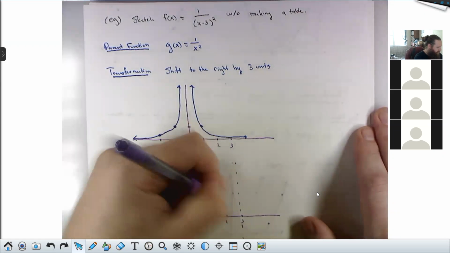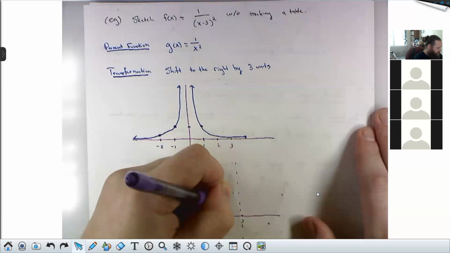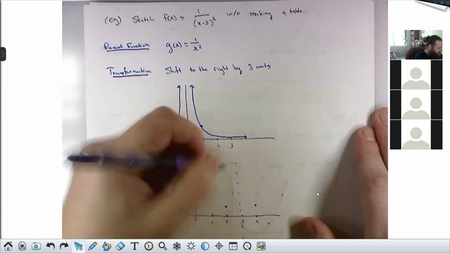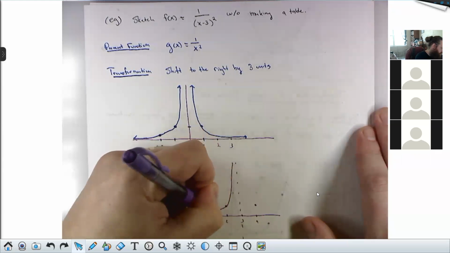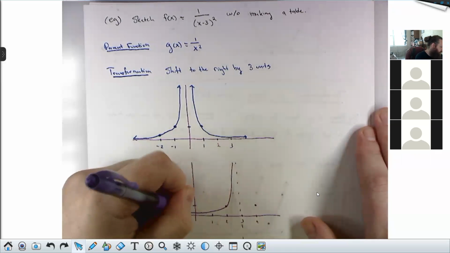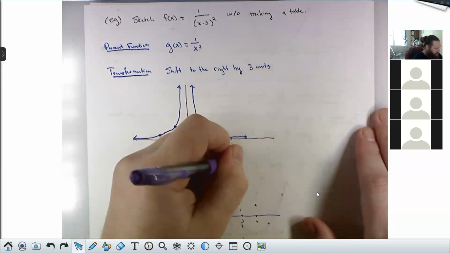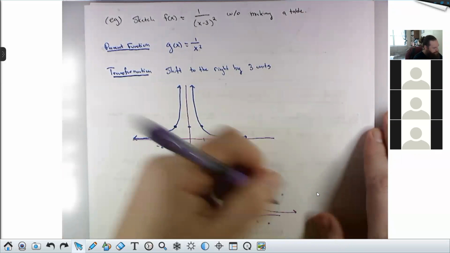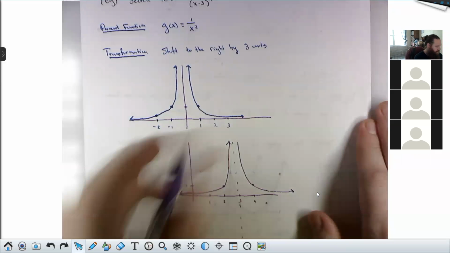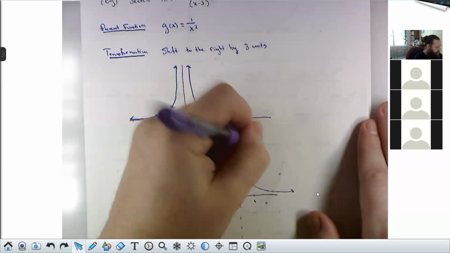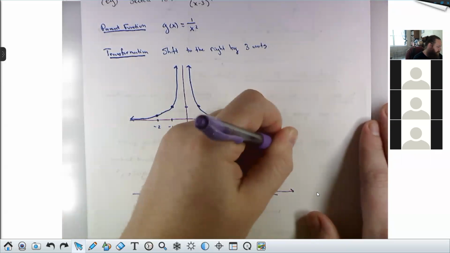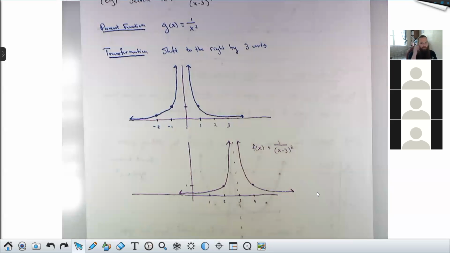Here is the transformed function. Let me graph a few points: 2, 1, 4, 1. And the graph's going to look like this. Okay. This is the graph of f of x equals 1 over x minus 3 squared. You see, it's the same as the blue graph, just moved to the right by 3 units.